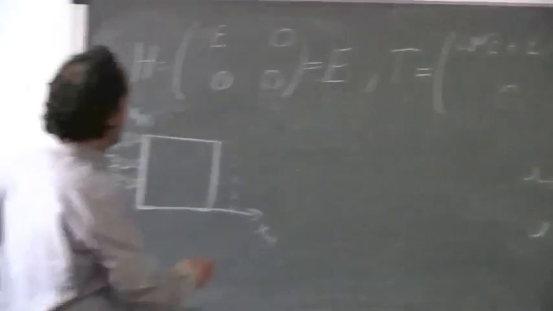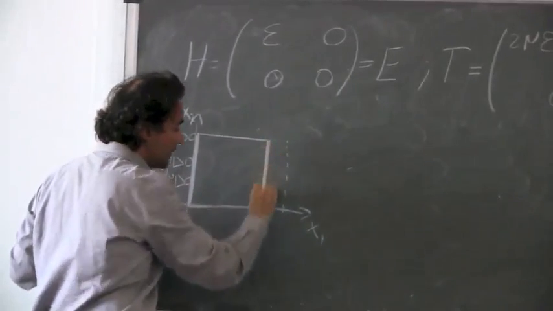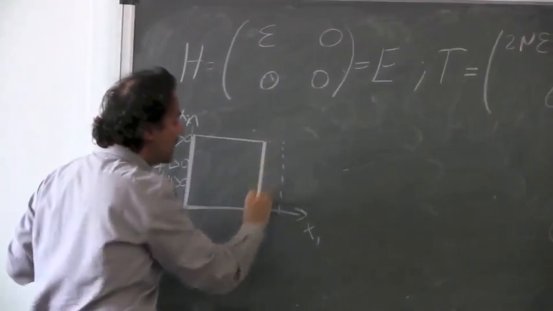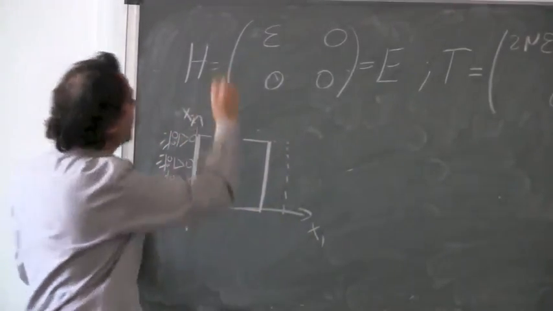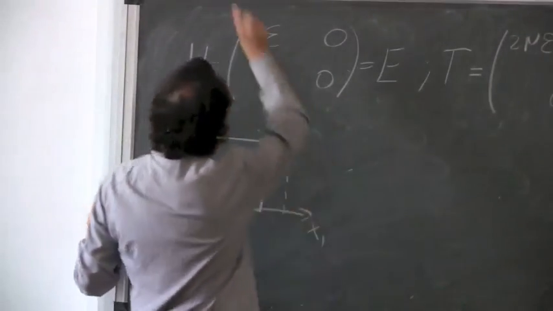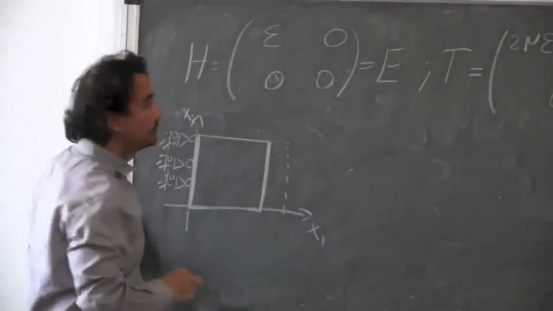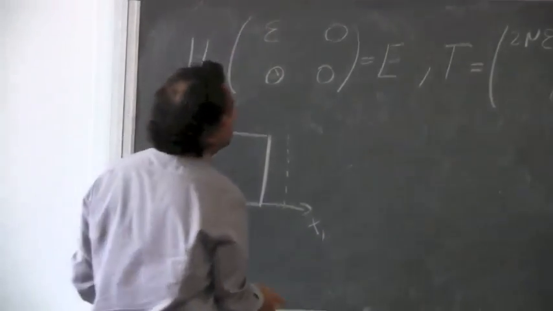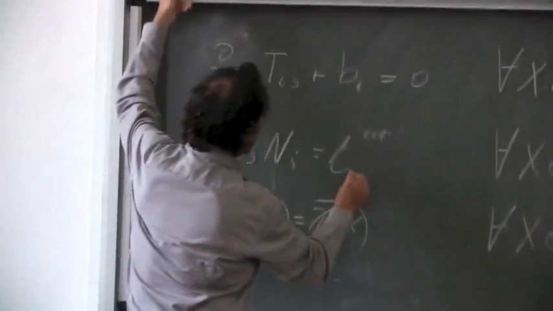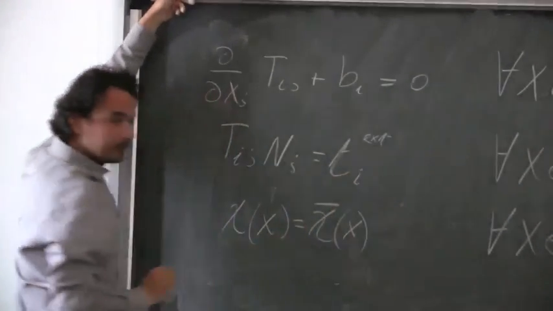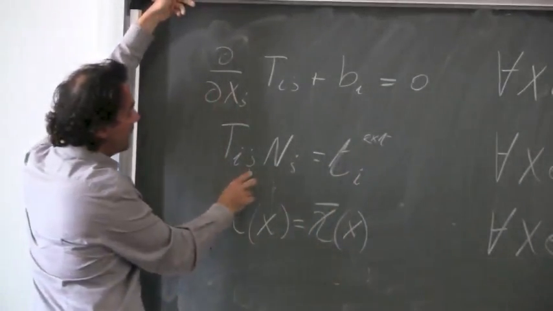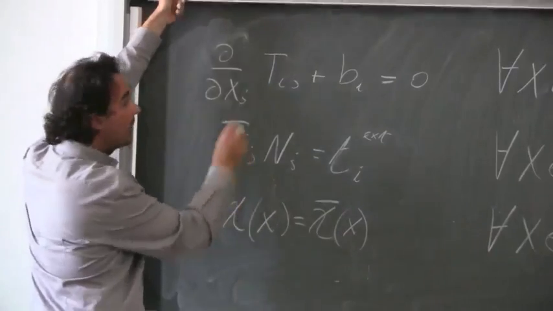Why? Because now, let us see how much is the force here. How to evaluate the force here? We have to evaluate T applied to M. This is the area. I have to apply this tensor to this normal vector.